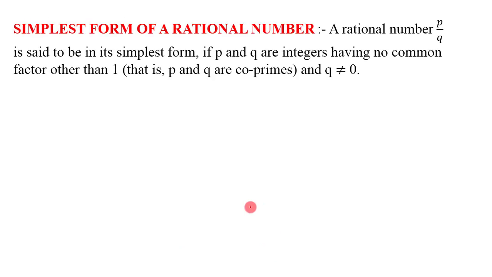Now let us see the next slide, that is the simplest form of a rational number. A rational number p by q is said to be in its simplest form if p and q are integers having no common factors other than 1.